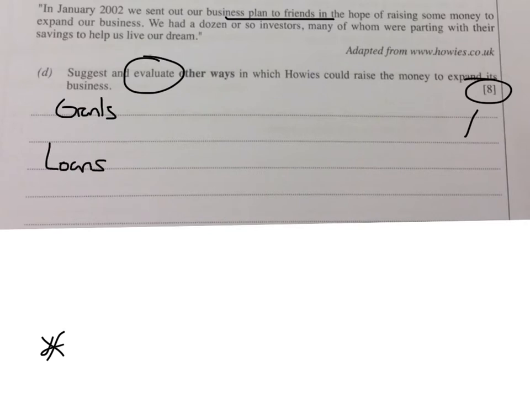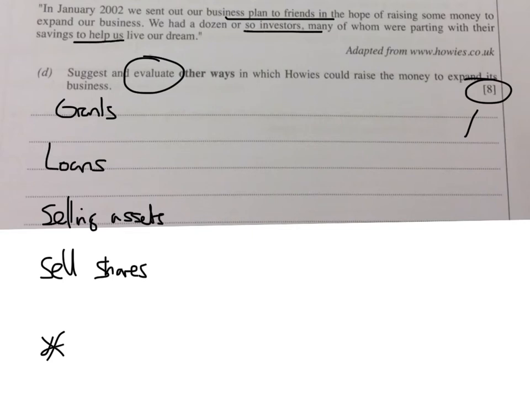What else could you talk about? Selling assets. You could sell shares. But that's kind of the one they're talking about here because they've got investors, so I don't know whether that counts as selling shares. But anyway, you'd only need 3 or 4, really.